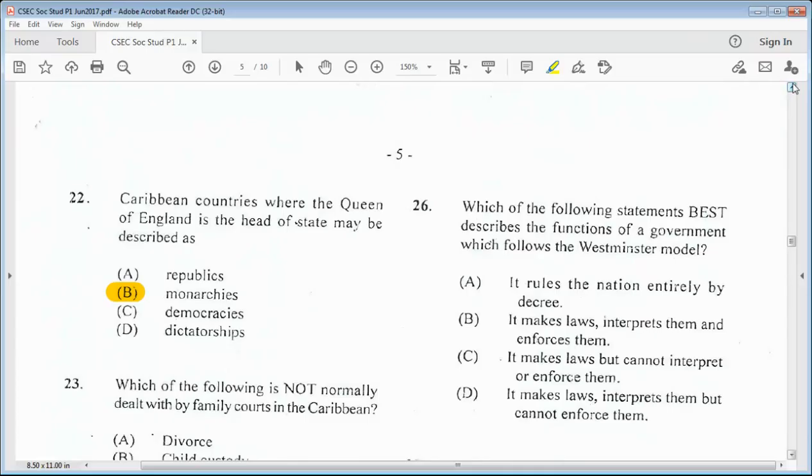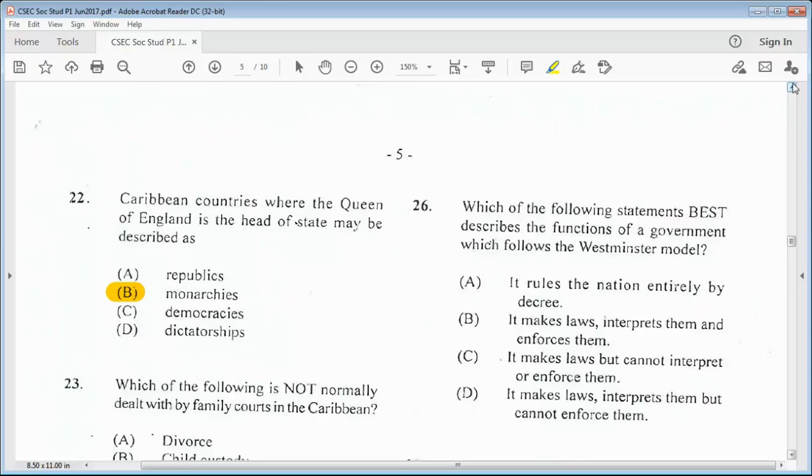Which of the following statements best describes the function of a government which follows the Westminster model? A. It rules a nation entirely by decree. B. It makes laws, interprets them, and enforces them. C. It makes laws but cannot interpret or enforce them. D. It makes laws, interprets them, but cannot enforce them. Well, we know the Westminster model is based on the British system.